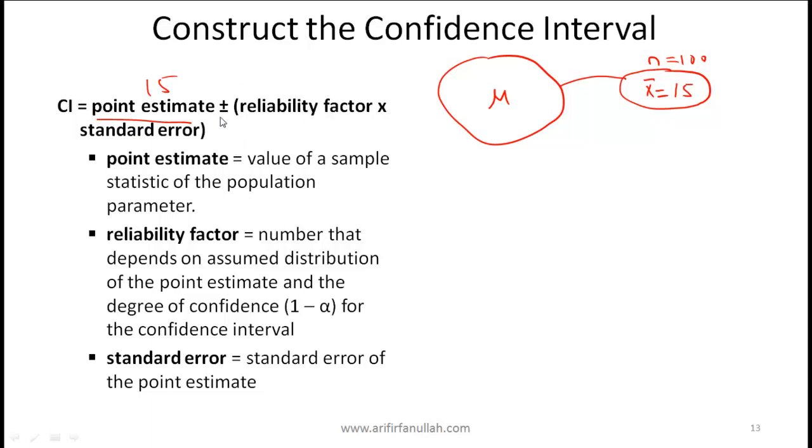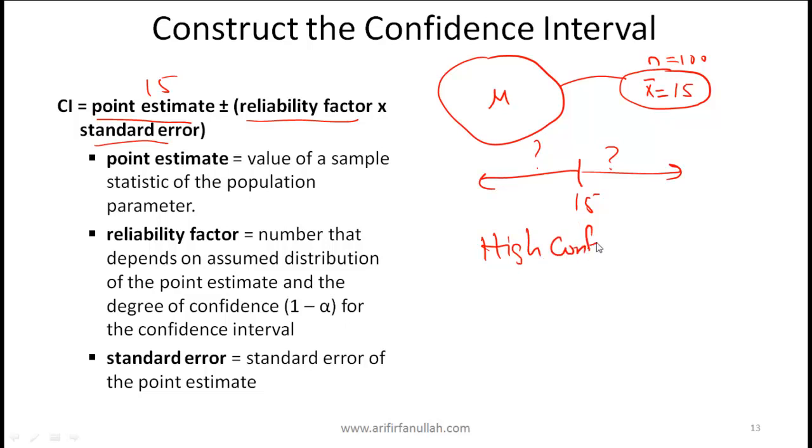Now how do you come up with this plus or minus the range basically? So we know that it's 15 plus or minus a certain amount. How do we figure out what that certain amount is? That certain amount is basically the reliability factor times the standard error. The reliability factor is based on the confidence level. If you want to state this range with high confidence, let's say you want to be able to state with 99% confidence, then the reliability factor will be high.